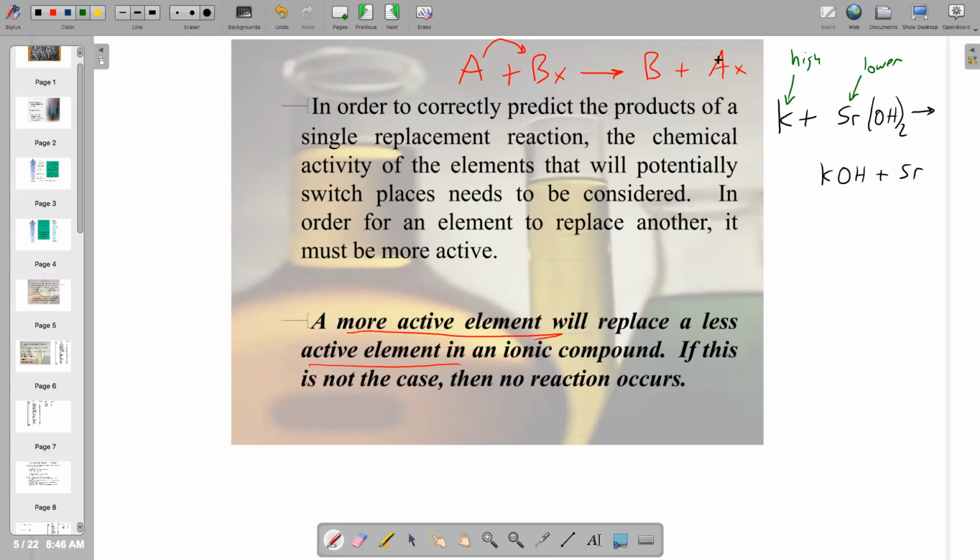You've made your products and you're done. Taking that back to make oxygen and iron is really tough. So most reactions are non-reversible. So you can also predict that once you've made potassium hydroxide and strontium, those two things don't react to form the reactants, because strontium is below potassium on the activity series in the first place. So whether or not the reaction takes place has everything to do with which one is above the other on the activity series.